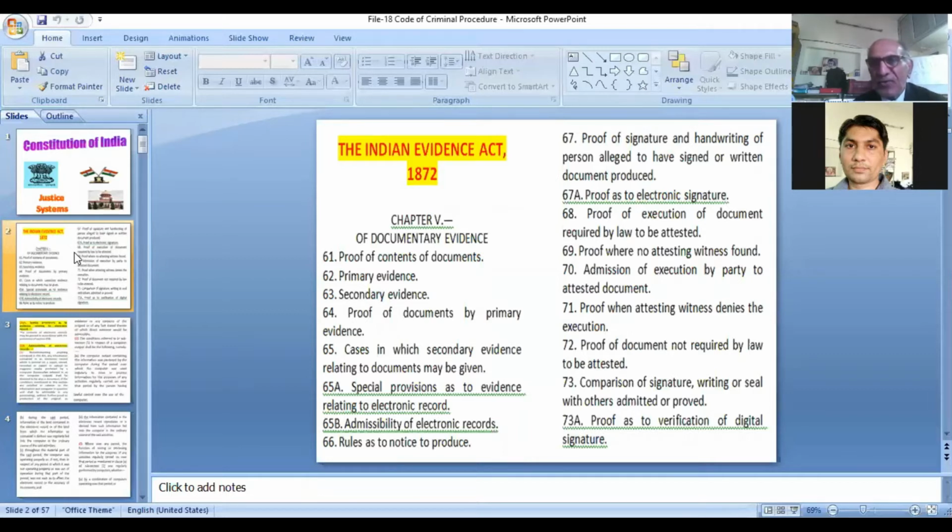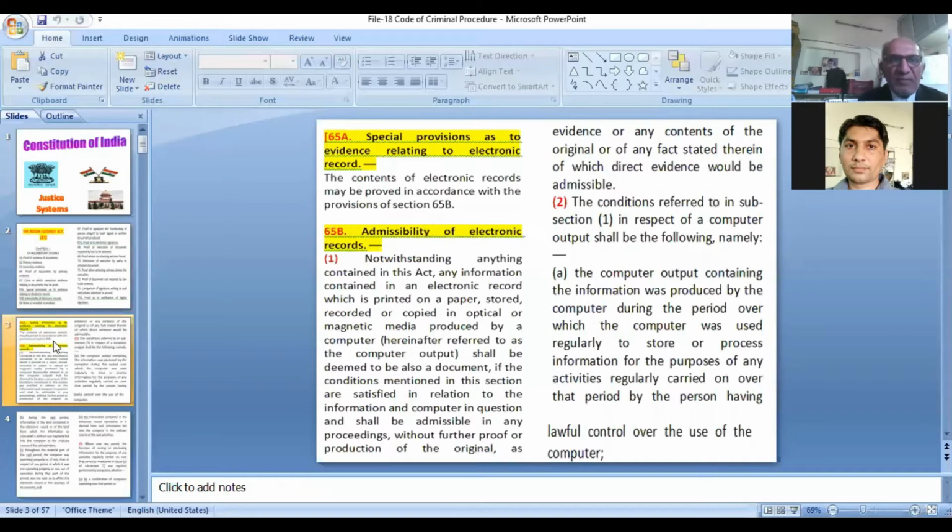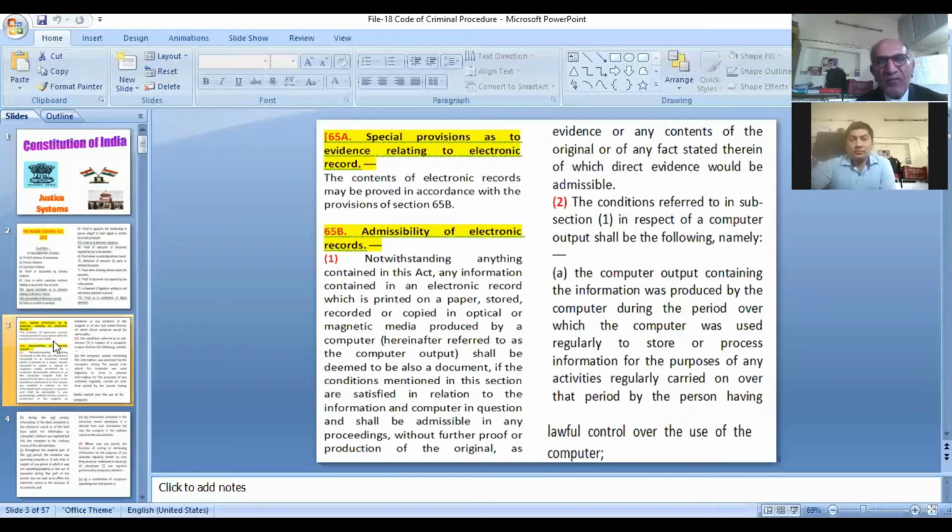is the electronic records. Section 65A and section 65B are concerning this special class of records. Section 65A is regarding special provisions as to evidence relating to electronic records.